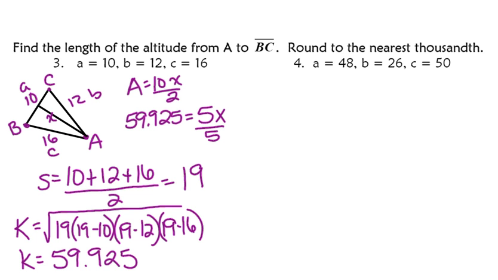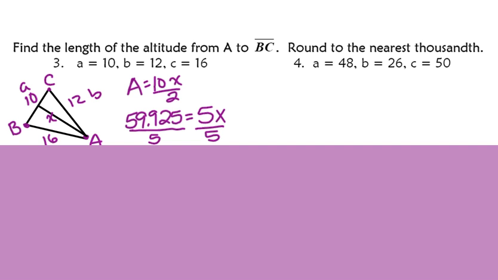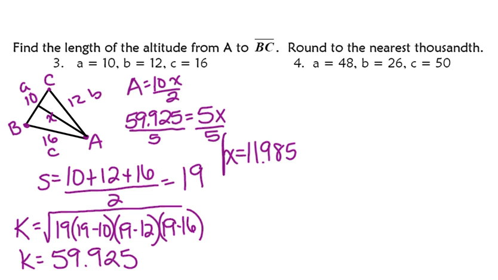Then all I have to do to solve for the height of my triangle, the altitude, is divide both sides by 5. When I do that, I get x equals 11.985, and that is my answer.